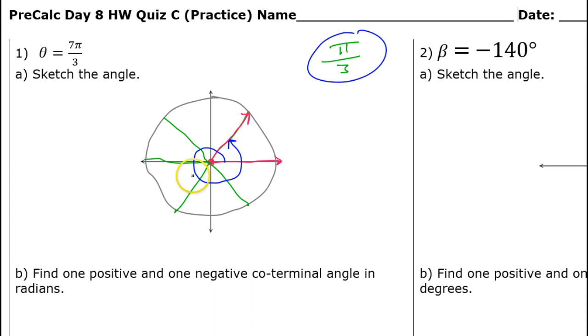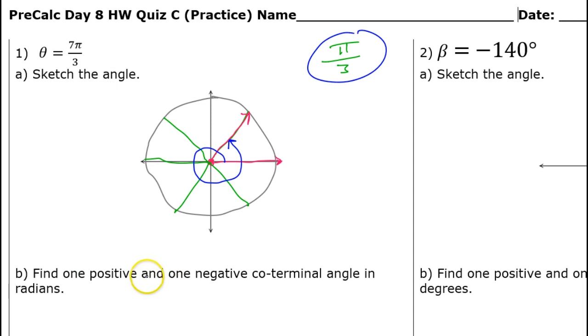But this blue curve shows me that I actually went 7 pi over 3. So that would be a nice sketch of this angle. In a minute I will erase those guidelines, but I might need them, so I won't erase them yet. Moving on to part B, find one positive and one negative coterminal angle in radians.